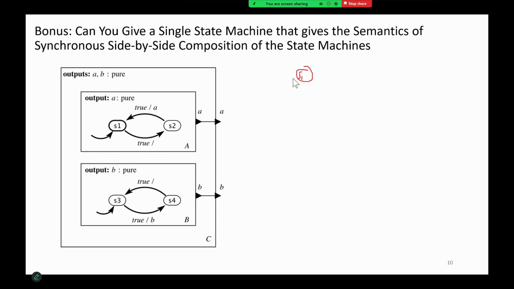So S1, S3, okay. And then 1, 4, 2, 3, and 2, 4, okay.